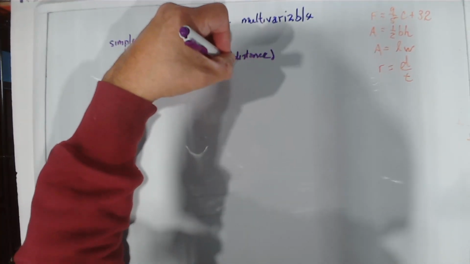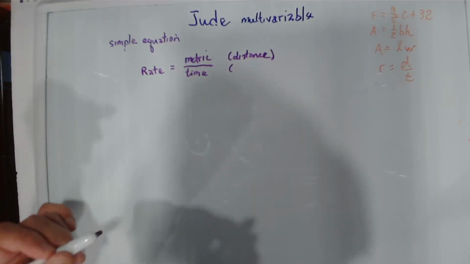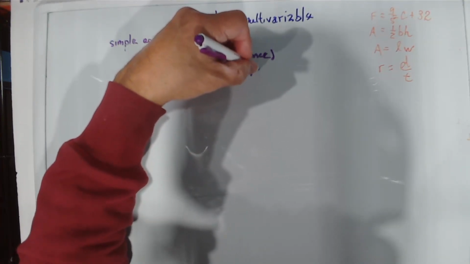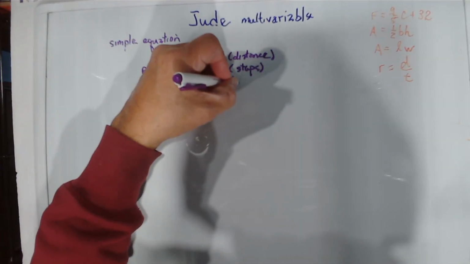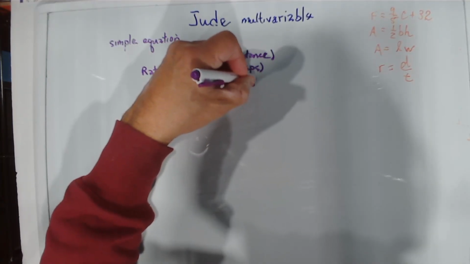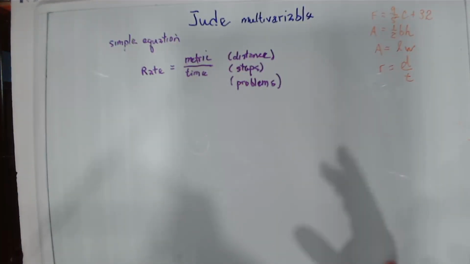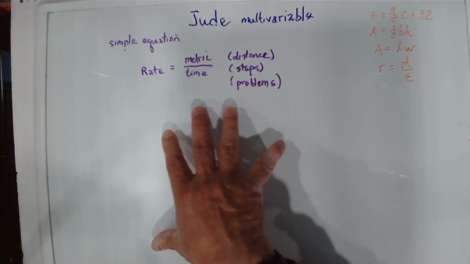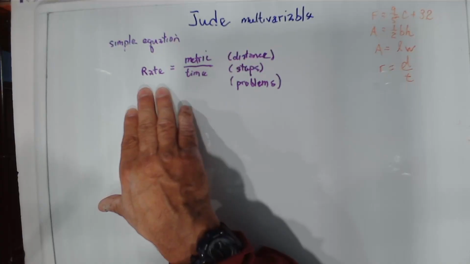It can be the number of steps over time. How many steps can you take in a minute? It can be how many problems you can solve over time. It can be any type of measurement that has a time metric on it, and that's a rate.